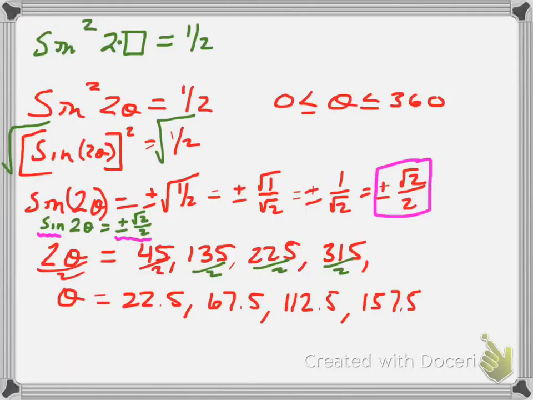But there's an issue with this one. I'm not happy with the results because the question says I want all the answers from 0 to 360. And look at my answers. I feel like we stopped short.